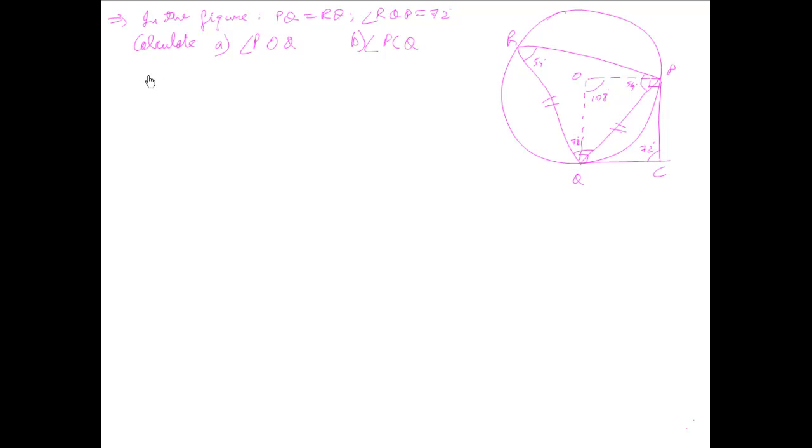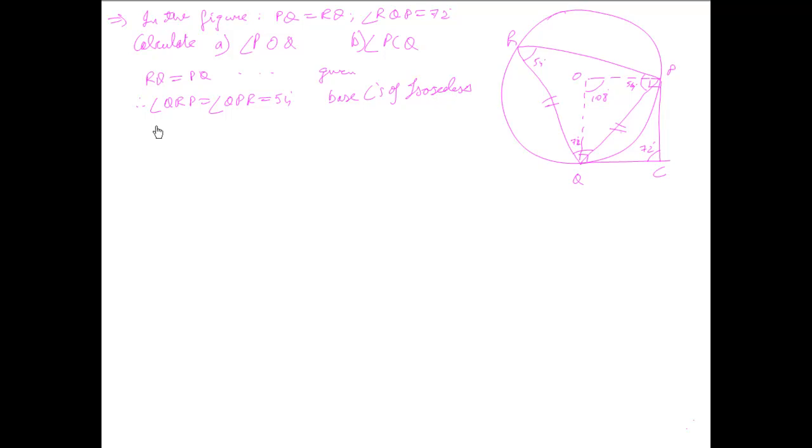Now write it down one by one. First we begin with RQ is equal to PQ, given. Therefore, angle QRP is equal to angle QPR equal to 54 degrees, base angles of isosceles triangle.